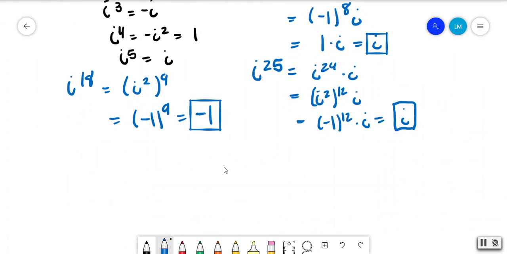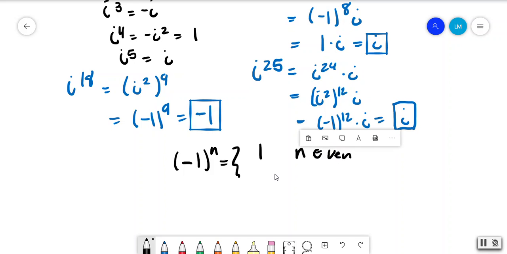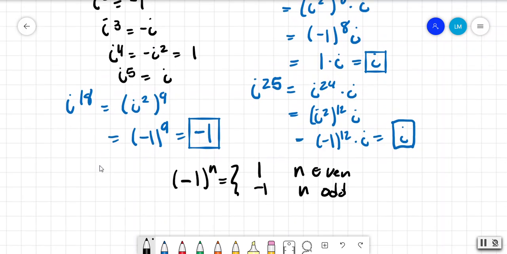But the thing though is that you're going to have these two cases where you have -1 to the n: it's going to be +1 when n is even, and -1 when n is odd. So you have an extra little thing that you need to know.